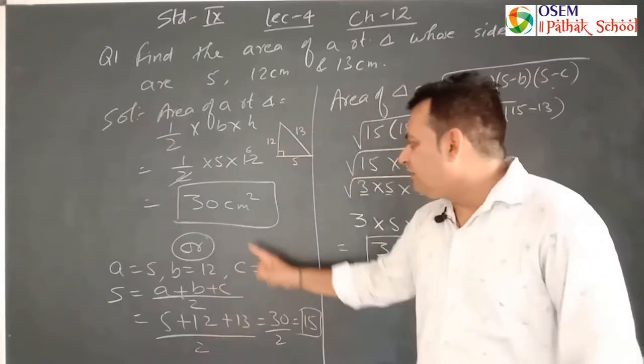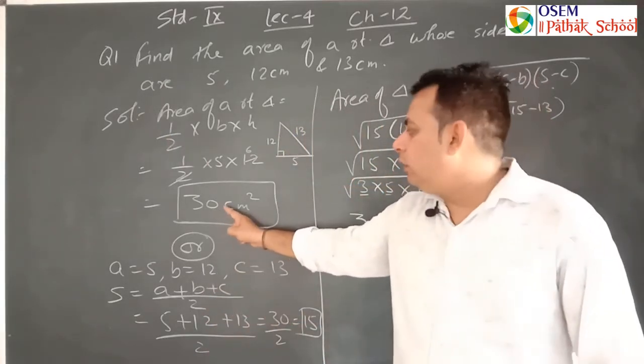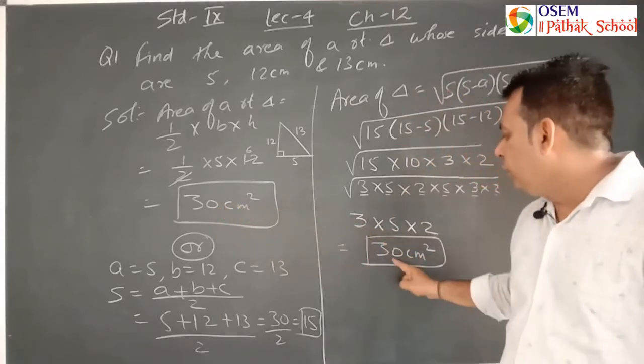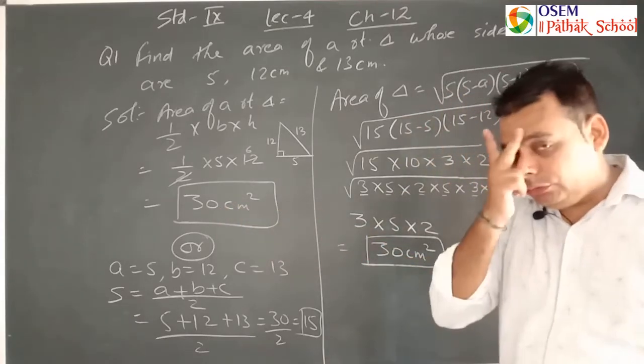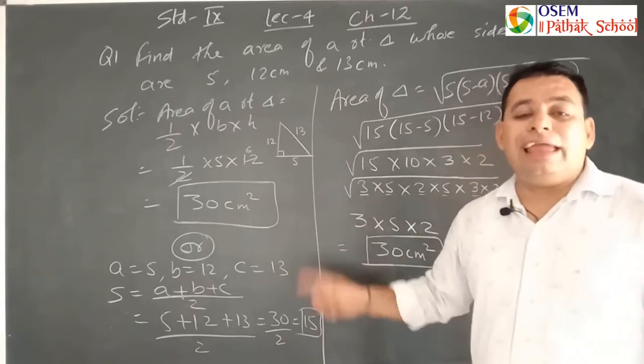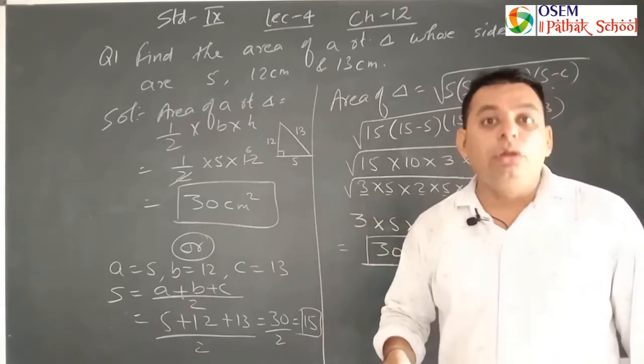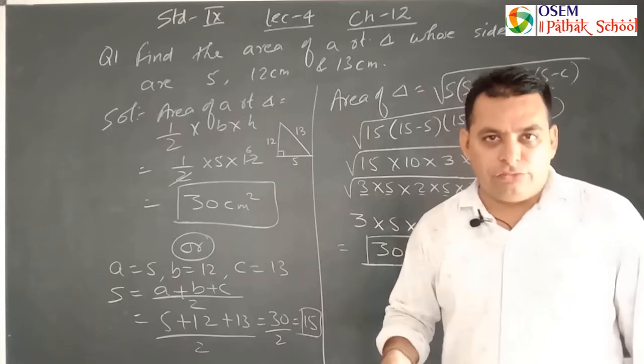So you can clearly see if we apply the formula of a right triangle, we are getting the answer 30, and if we apply Heron's formula, we are also getting the answer 30. Like that I will make you clear again about the equilateral triangle and the isosceles triangle.